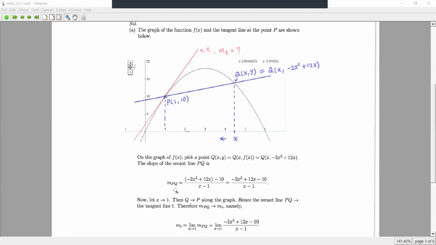By the slope formula, the slope of the line PQ is y2 minus y1, y2 minus y1 is 10, over x2 minus x1. x2 is x, x1 is 1. Remove the parentheses, then we get the slope of the line PQ is this. This depends on variable x.